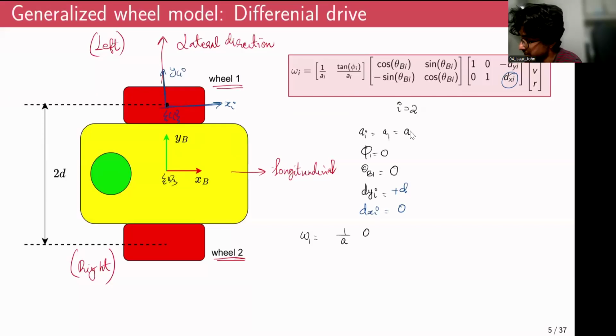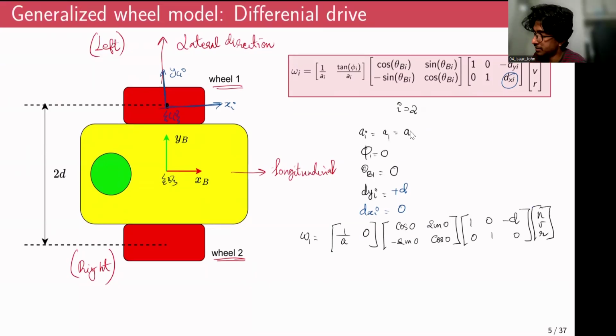Then what are the other terms? This multiplied by cos 0, sine 0, minus sine 0. This will be cos 0. Then you will have 1, 0 minus d, 0, 1, 0. Then you multiply this by UVR.